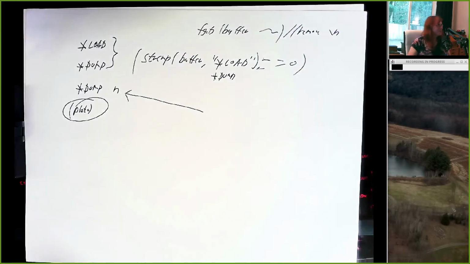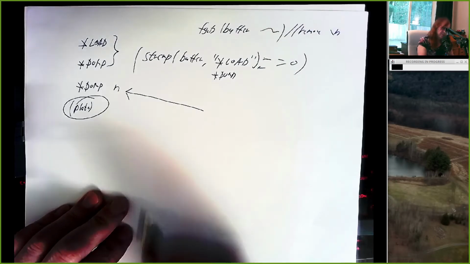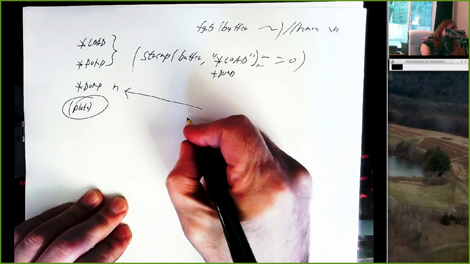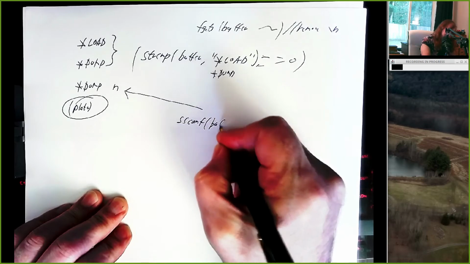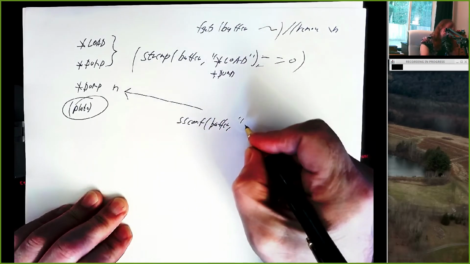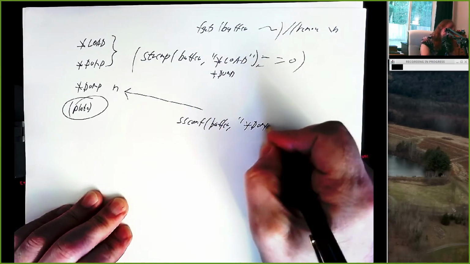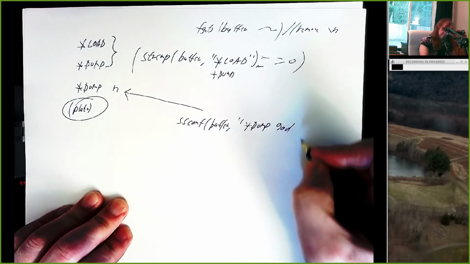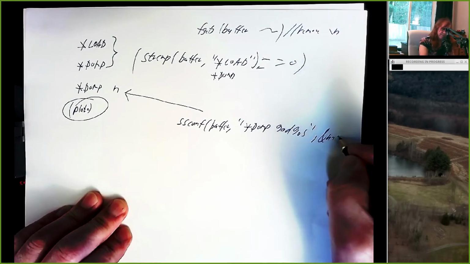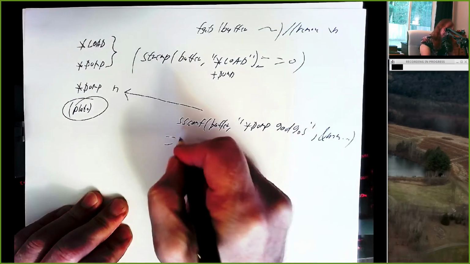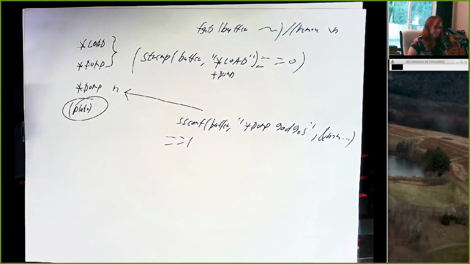Anytime you want to parse anything involving an integer, think about scanning. So the best way to do this, do a scanf on buffer, star dump, %d. And if you want, you can do the extra thing and make sure it returns a 1.